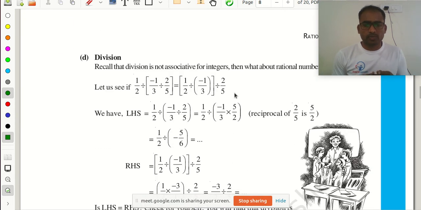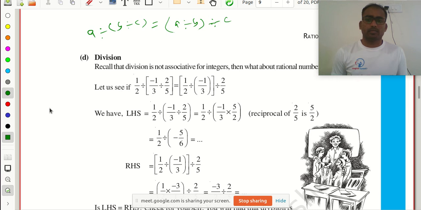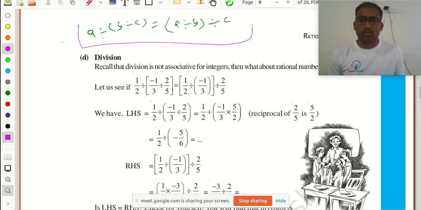In this same way we need to check for division also. (A divided by B) divided by C is equal to A divided by (B divided by C).